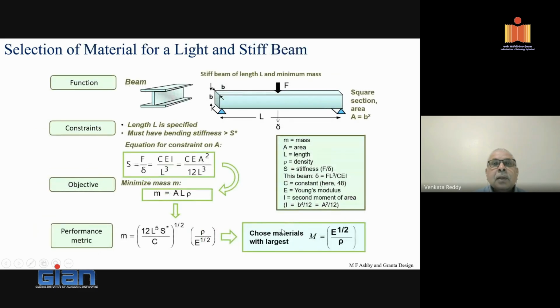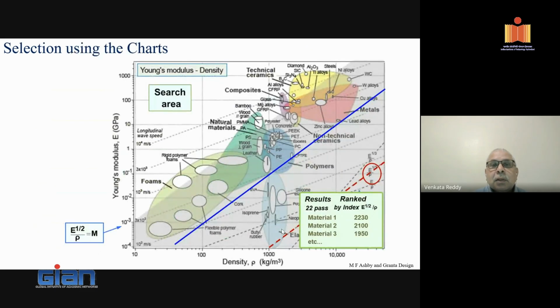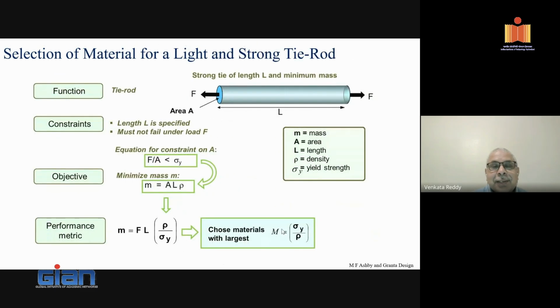But now here, sorry, I'm going back, sorry. Now here, one thing is, this is the tie rod. Here, it doesn't matter as long as the cross-sectional area matters, but it can be circular, it can be square, it can be some other section.